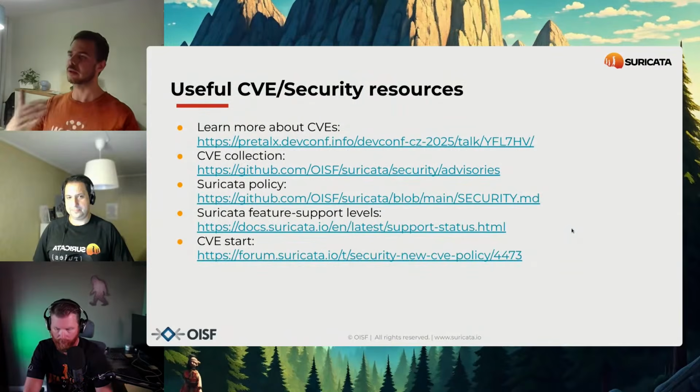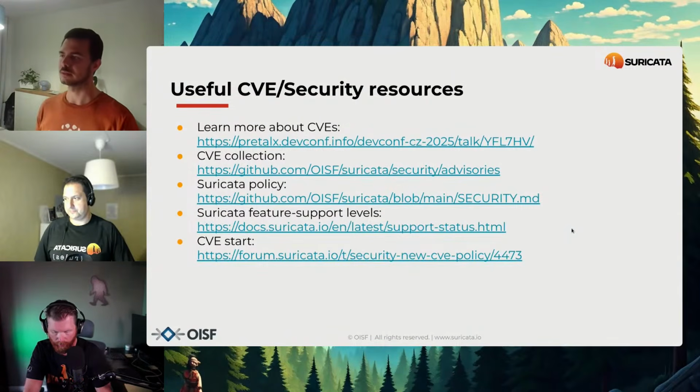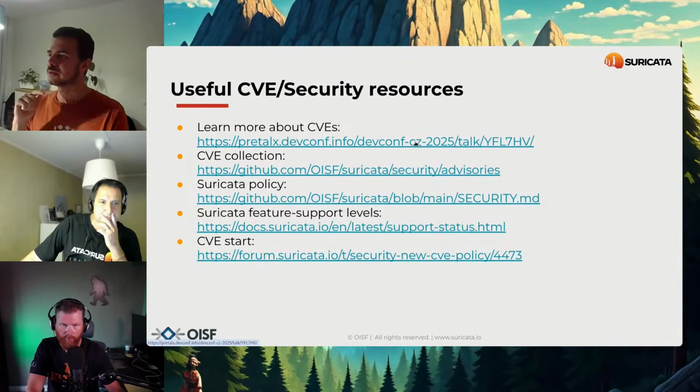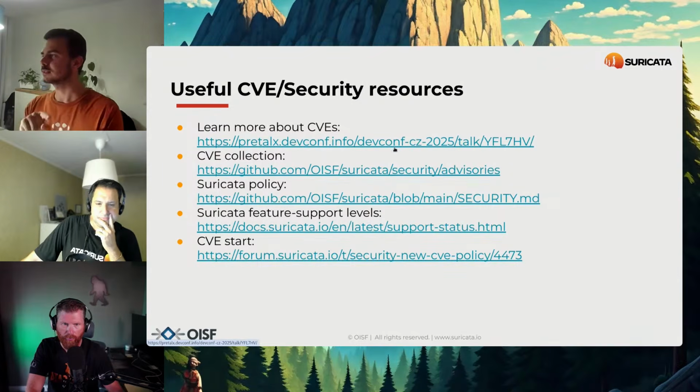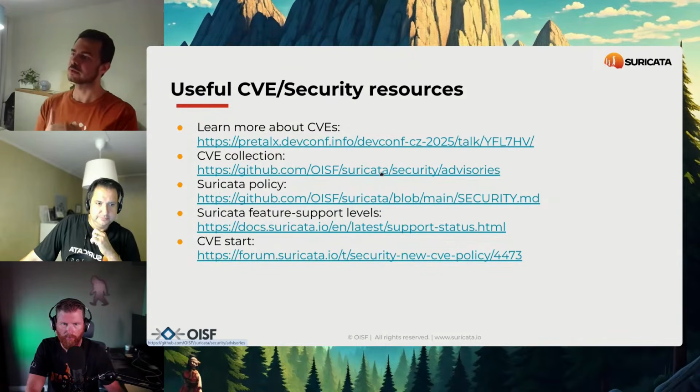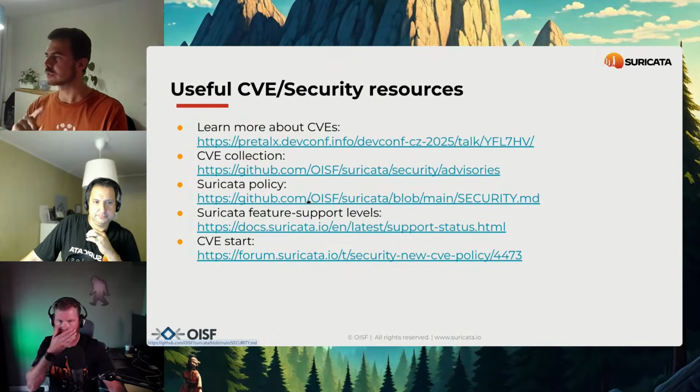Okay, and to sum it up, here are some useful CVE and security references. I learned a lot when I was at this DEF CON talk about the CVEs. The Suricata advisories are the whole collection of CVEs for Suricata itself. I will show this one in a second.